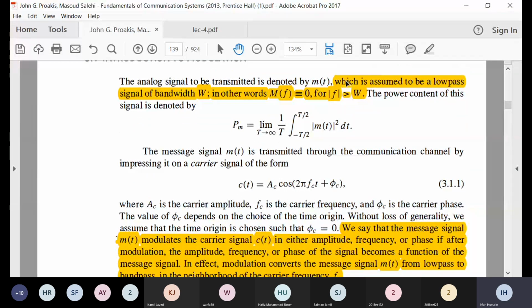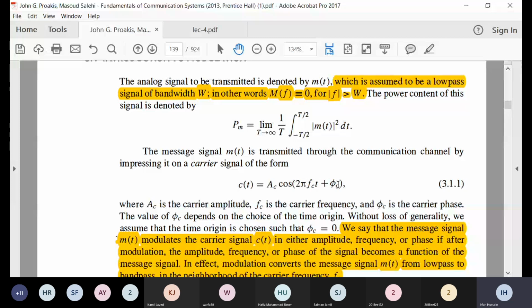Now this message signal m of t, which is a low pass signal, is transmitted in the communication channel by impressing it on the carrier signal. We will be seeing how it is impressed, but this is the carrier signal. The carrier signal is changed according to m of t. Maybe its amplitude is changed, or its frequency is changed, or its phase is changed.